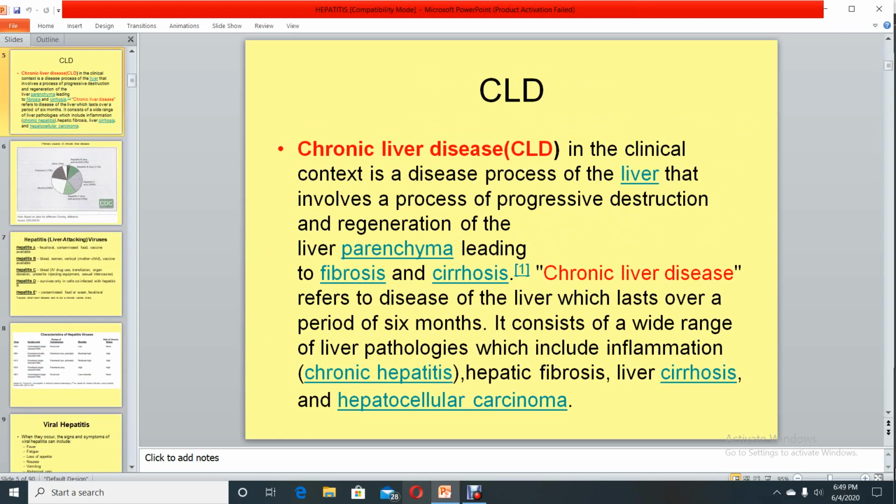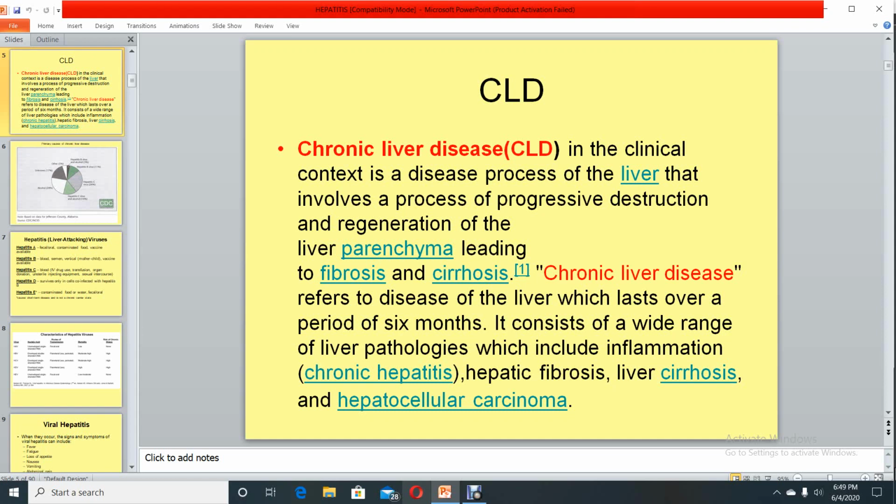Now, chronic liver disease is the constellation of different types of diseases of the liver. It was a misnomer at one time, but now it is accepted by the American College of Hepatology. This is not one terminology; it is a constellation of terminologies. So chronic hepatitis is included.